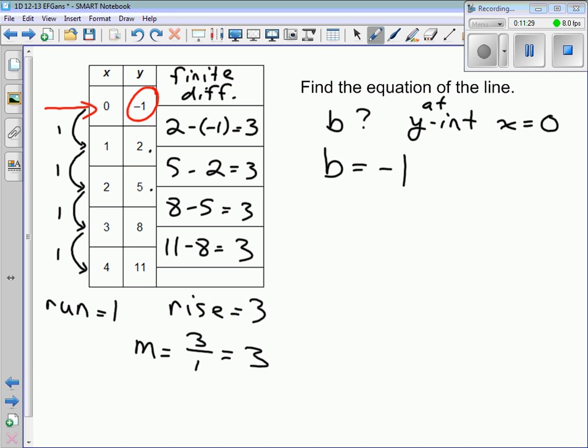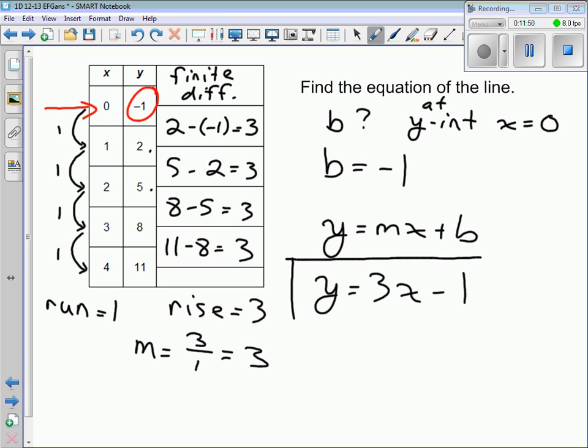So now we've got everything that we need to make our equation. It's going to be of the form y equals mx plus b. What's our equation going to be? Jackie, what's our equation here? 3x minus 1. And we're so happy about that, we put a big box around it, because that tells us we're done.